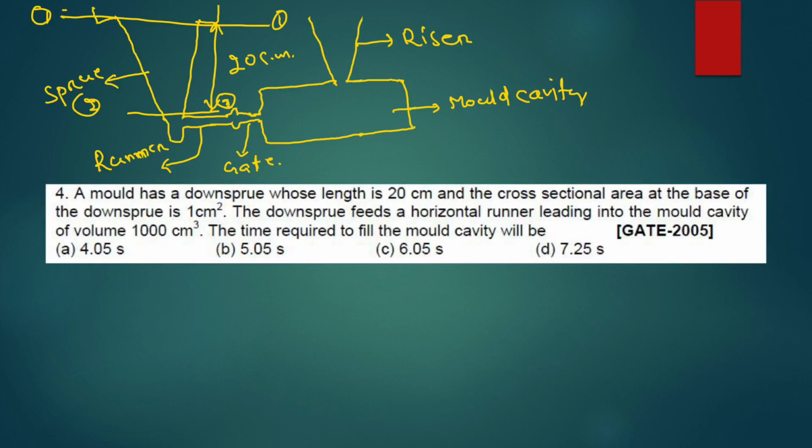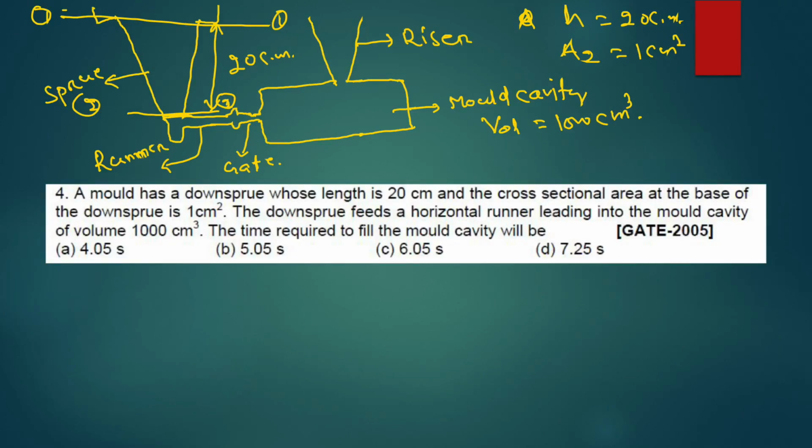Then at the base of the down sprue at 2, here area A2 is 1 centimeter square, and height is 20 centimeter. Volume of mold cavity is 1000 centimeter cube.